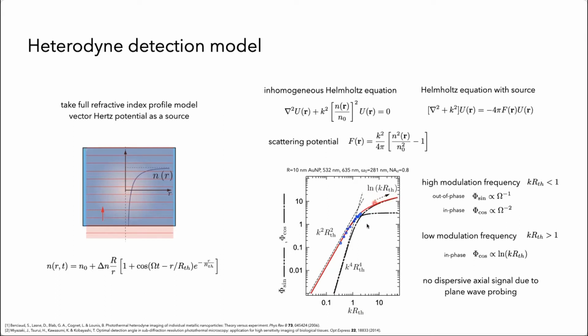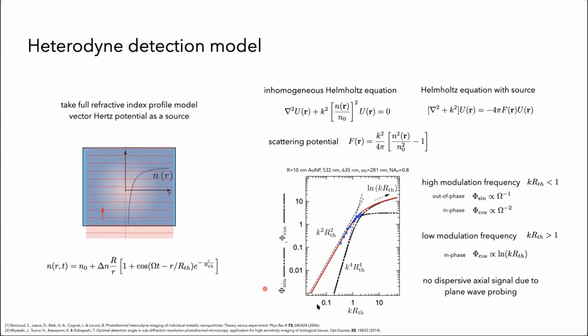It actually goes as the logarithm of k times RTH for low frequencies. So if you go with your modulation frequency to 0, you essentially end up with a divergence. In that kind of model, there's no dispersive signal because there's no Gaussian beam probing that. So it cannot explain the dispersive signal at all, right?